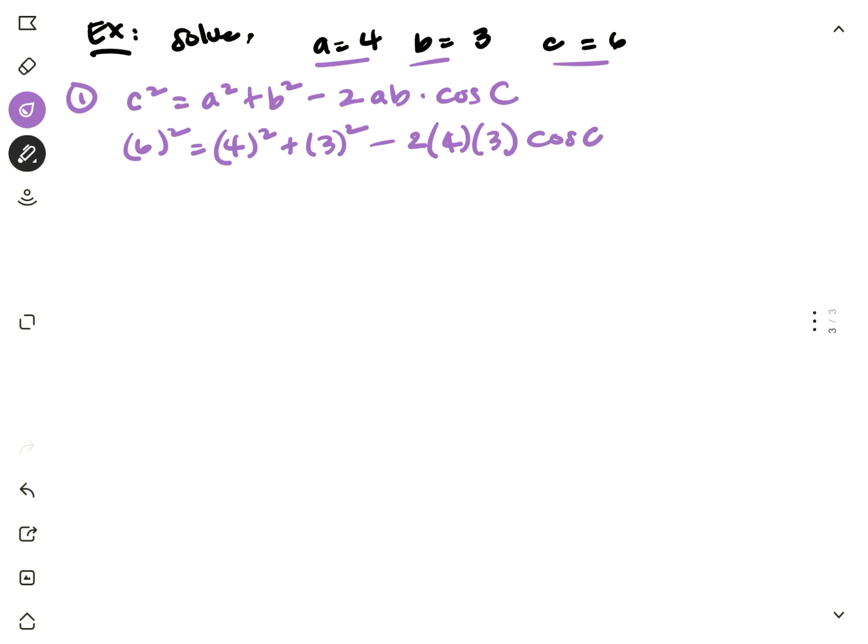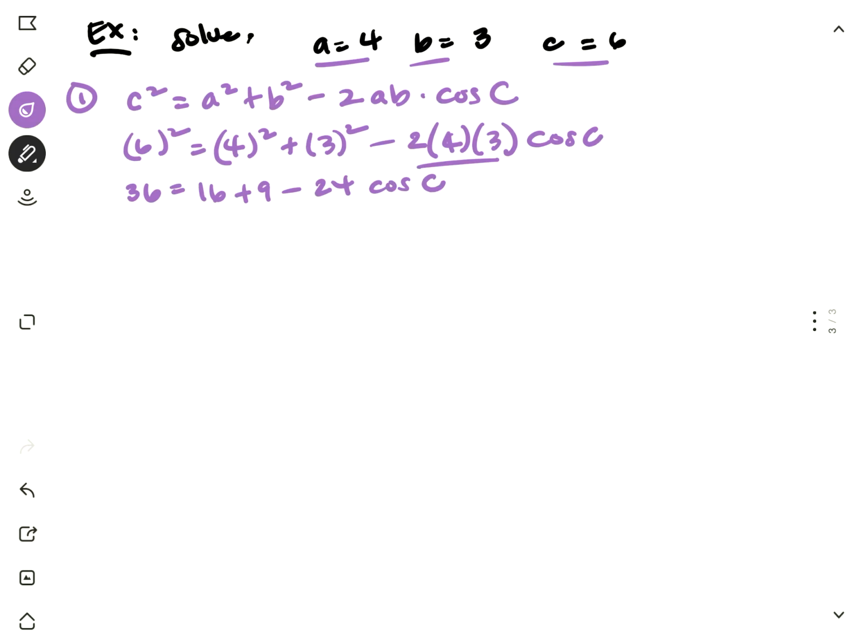Alright, so let's start simplifying. 6 squared is 36, 4 squared 16, 3 squared 9, minus, let's simplify 2 times 4 times 3, that's going to be 24 cosine c. The whole point here is we're trying to get to our angle c.